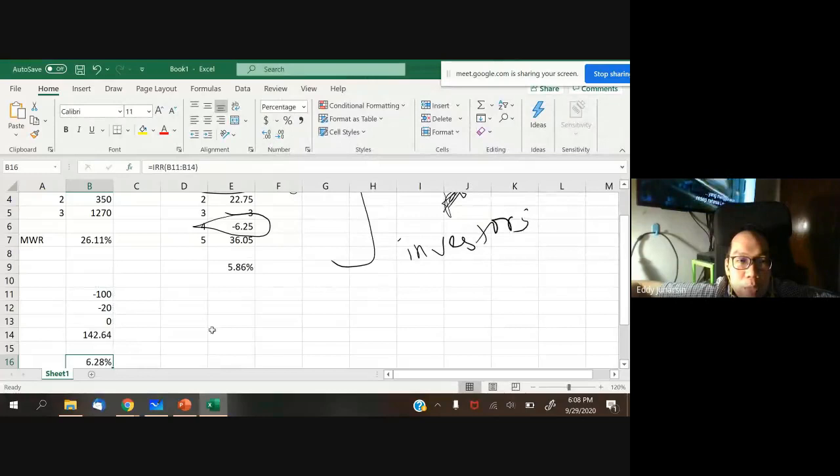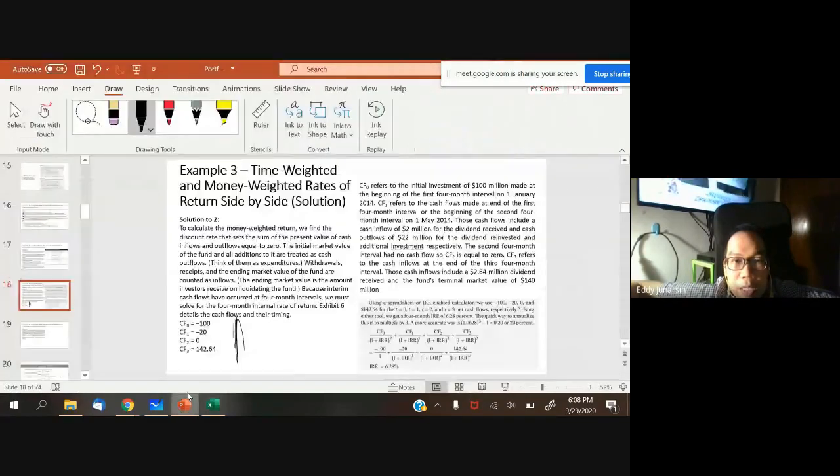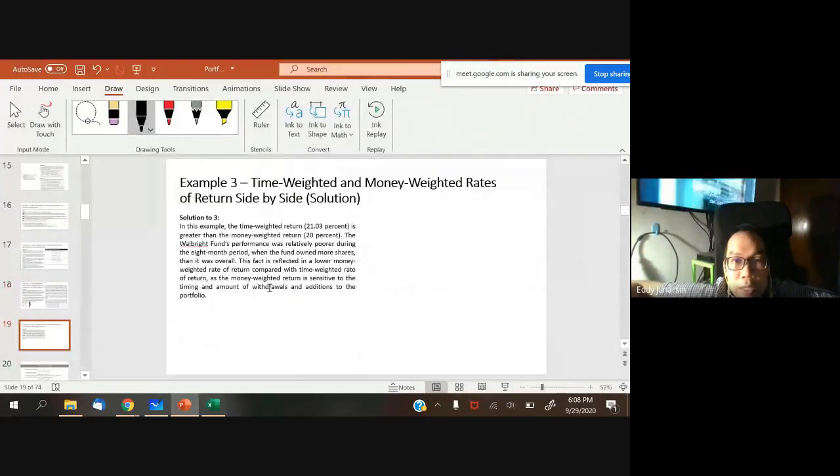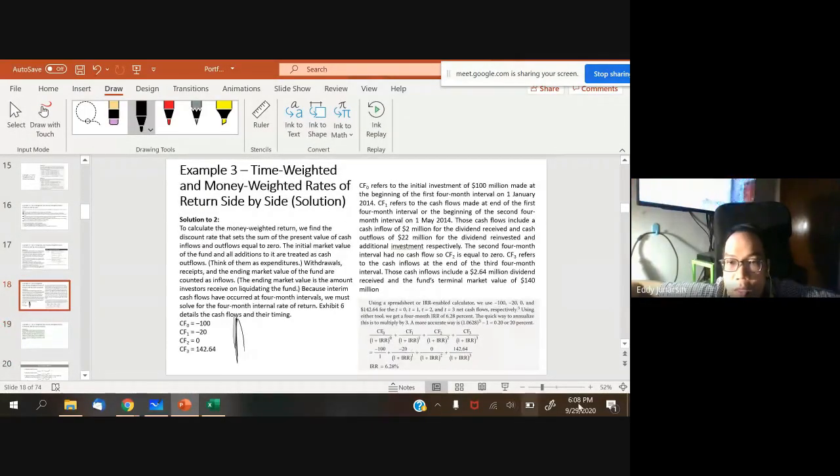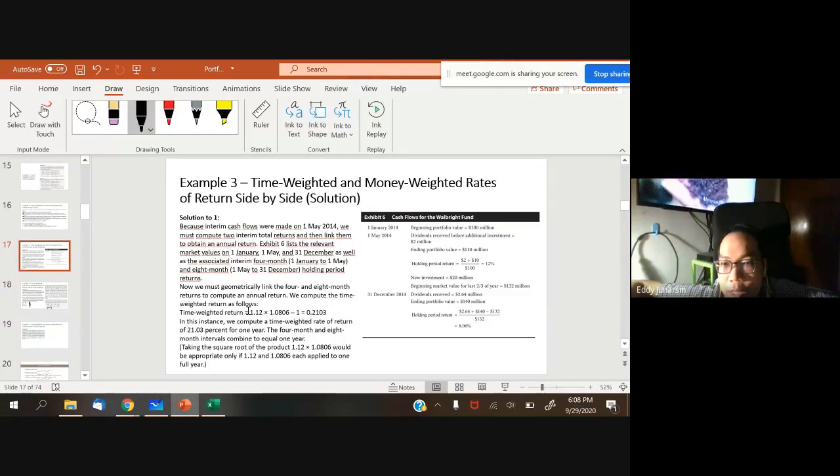Okay, so 6.28%. 6.28%. Should be 6.28. Yeah. 6.28%. So what was the time weighted again?